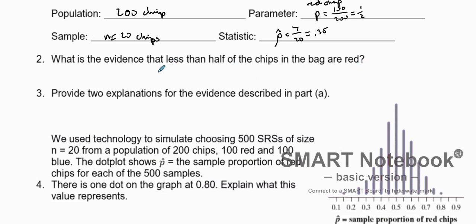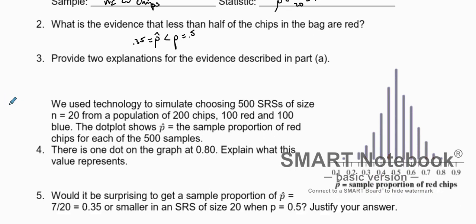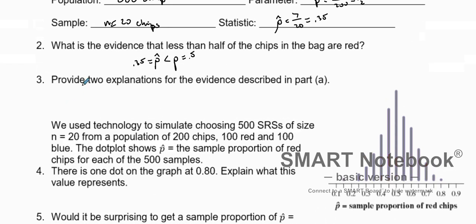The reason is that our statistic is less than our parameter p, because we got 0.35 and this was 0.5. So that's our rationale. Now provide 2 explanations for the evidence described in part A. What could happen in part A?